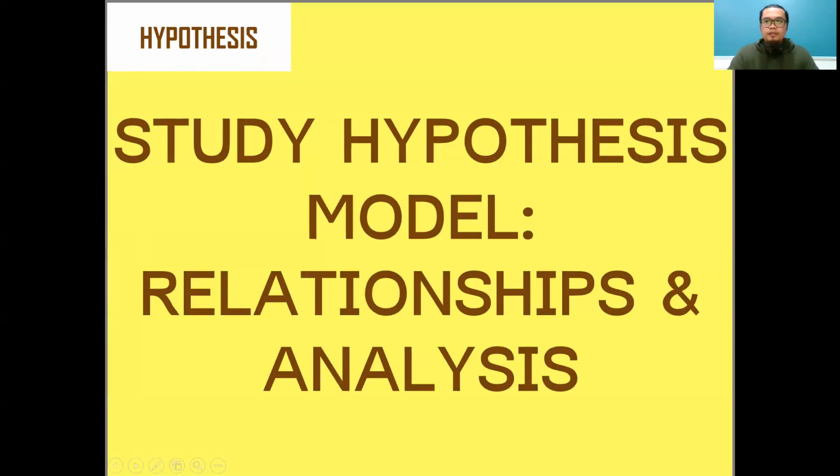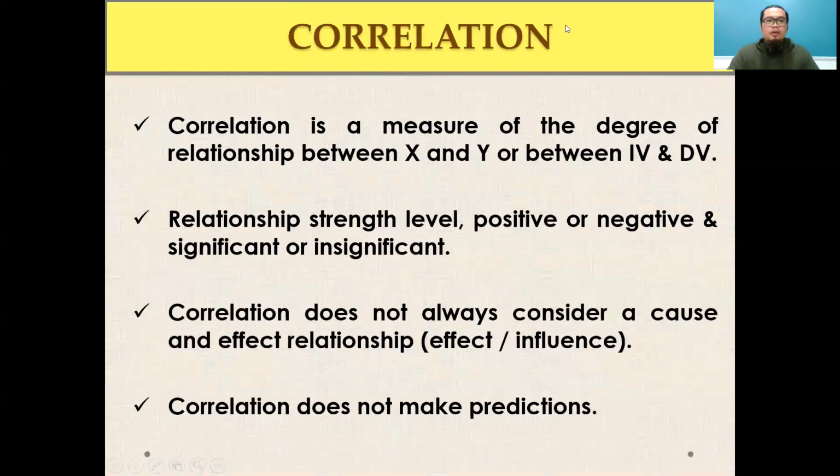First, we cover the hypothesis models, specifically on relationship and analysis. Number one is correlation. Correlation is a measure of the degree of relationship between X and Y, between IV and DV.